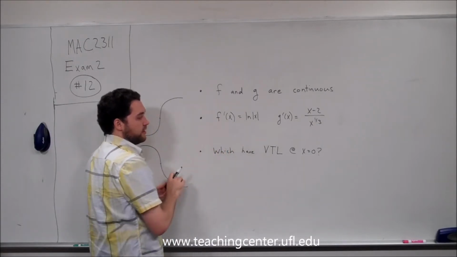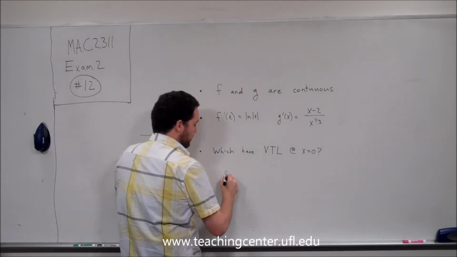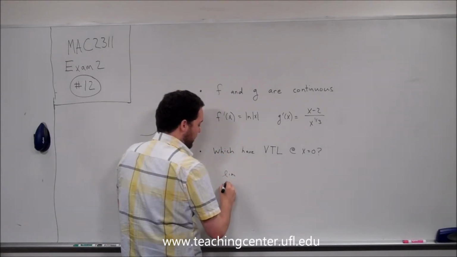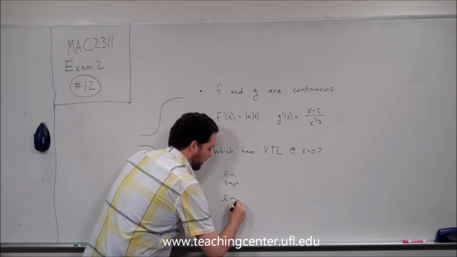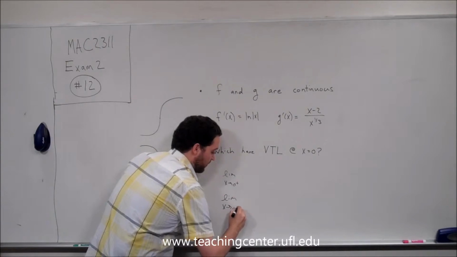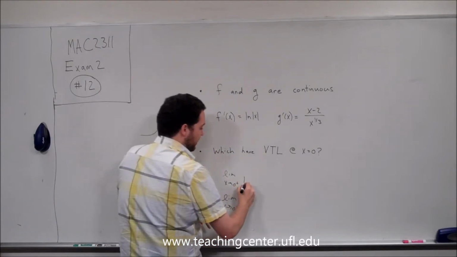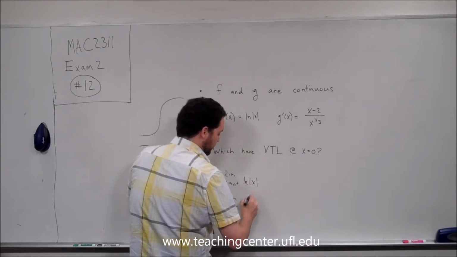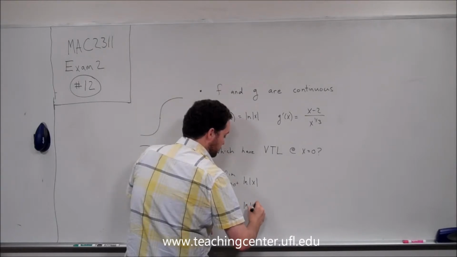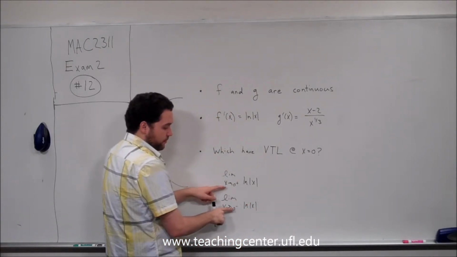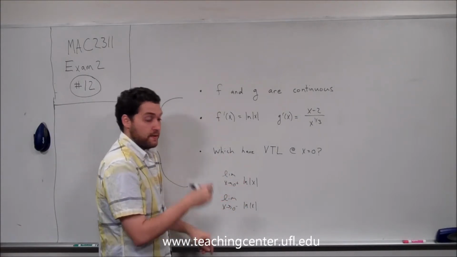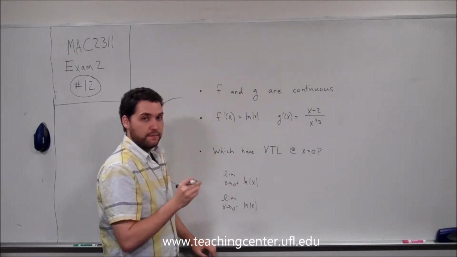So, for example, the ln of x. If we took the limit as x goes to 0 from the positive side, and the limit as x goes to 0 from the negative side, of ln of the absolute value of x, no matter which way you come from, you absolute value it first, so it's always a small positive number.